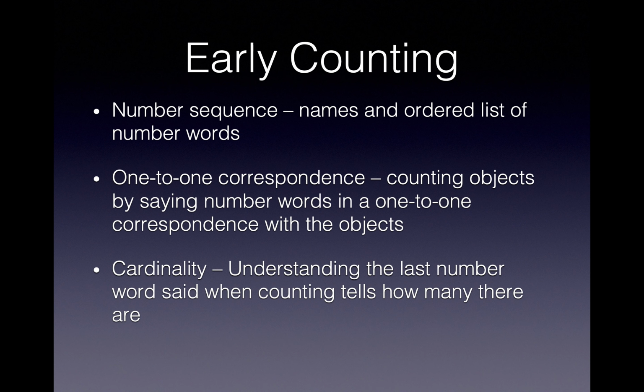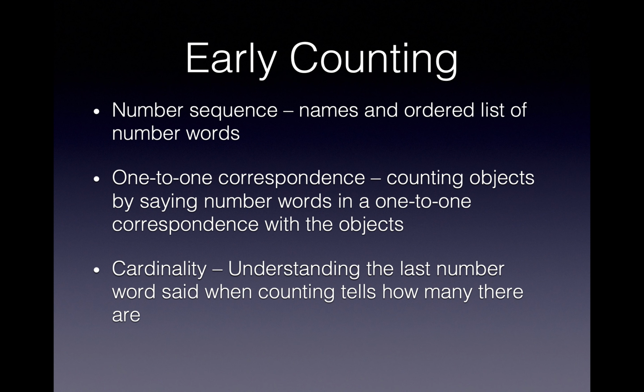One-to-one correspondence is this idea of linking those words in the number sequence to an explicit object. So number sequence is just being able to count. Like my young children can say 1, 2, 3, 4, 5, 6, 7, 8, 9, 10. They can count, but there's a difference in understanding that 1 corresponds to an object, 2 corresponds to another object, 3 to another, 4 to another, 5, etc., etc.